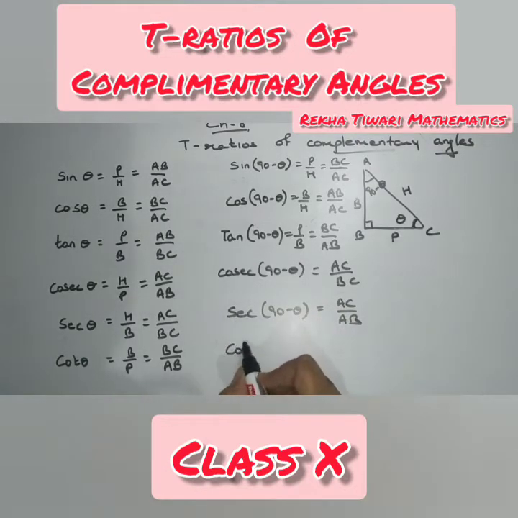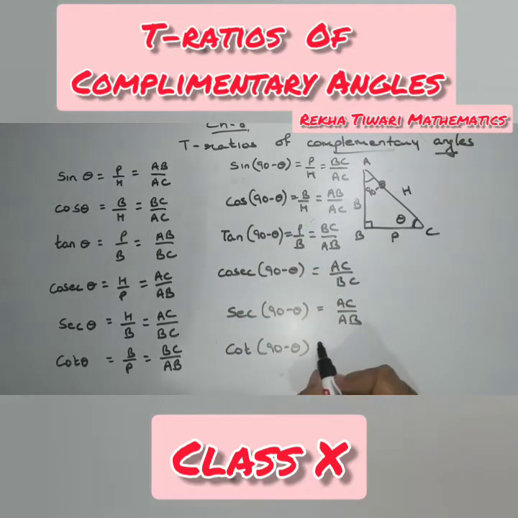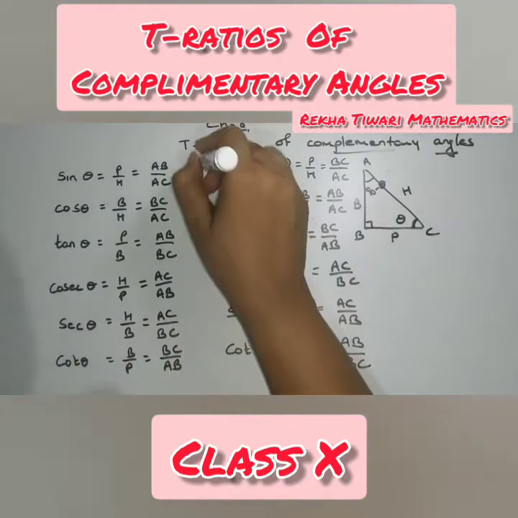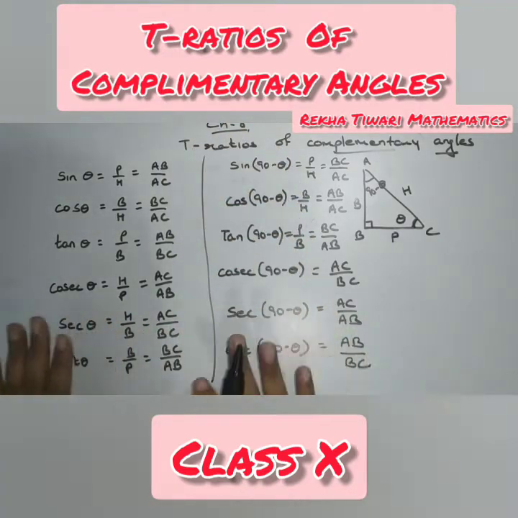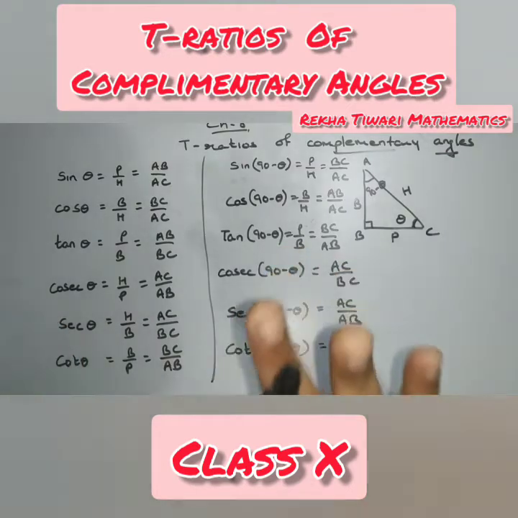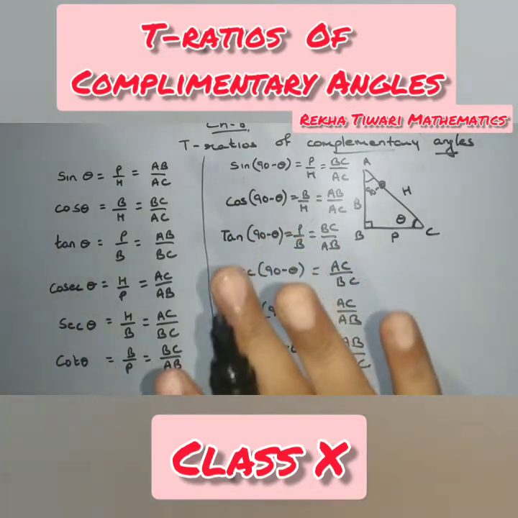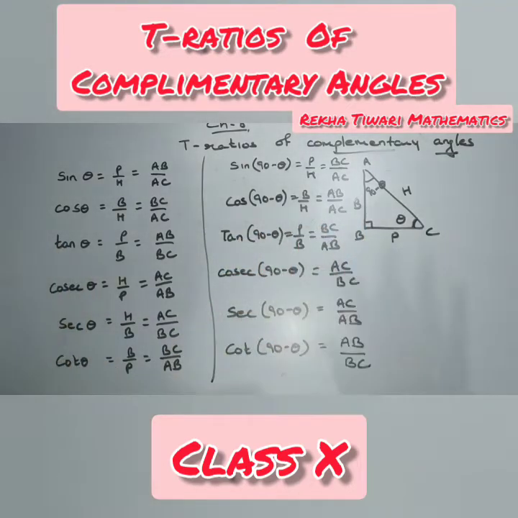And cot 90 minus theta is the reciprocal of tan 90 minus theta, that is AB by BC. Now let us compare these two parts.